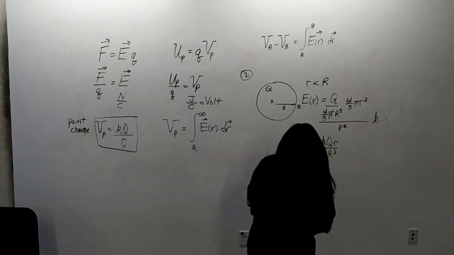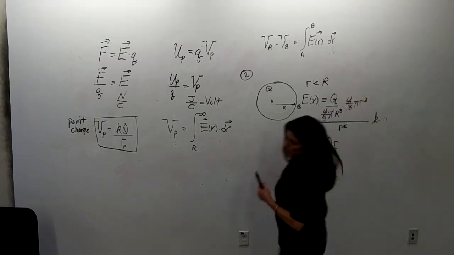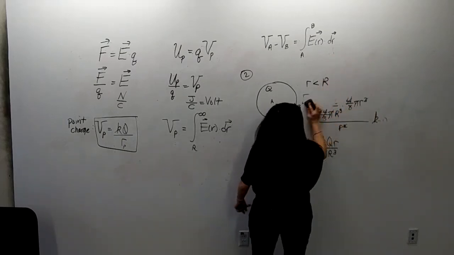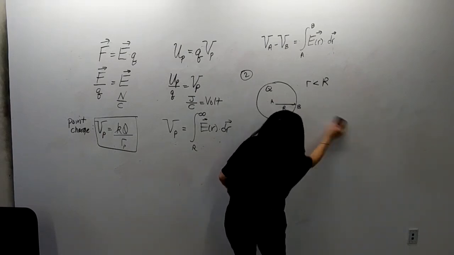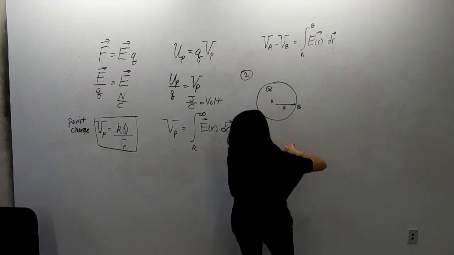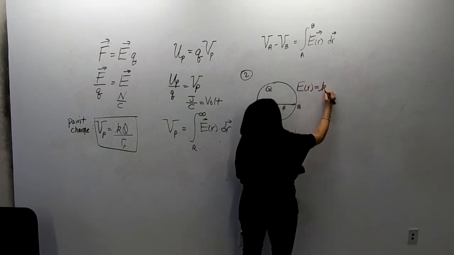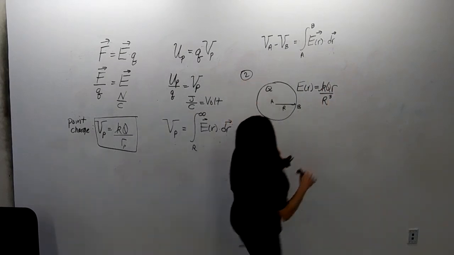Let's just use this integral. I know my E of r is kQ, linear in r over R cubed, remember. And now I'm going to just do my integral.